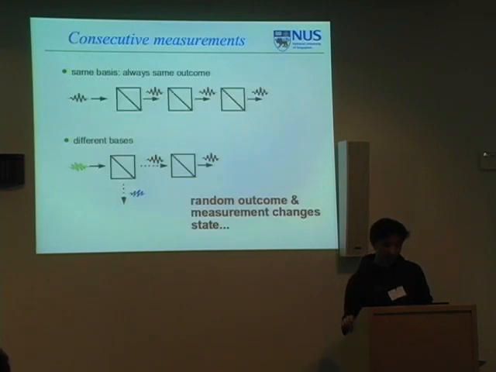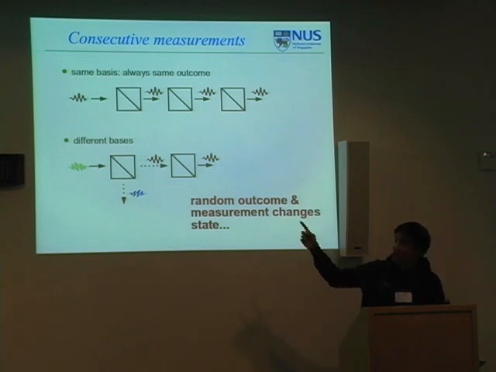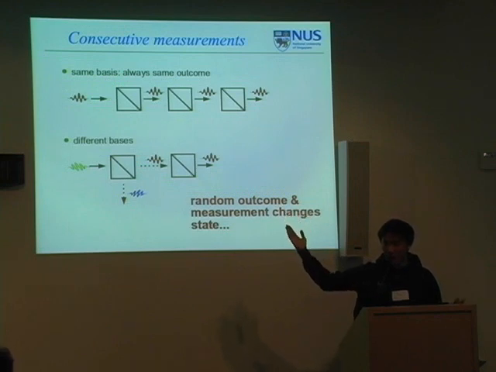Okay? Now, why is this secure? It's secure because when you measure the polarization state of photons in the same basis, you always get the same outcome. So for example, you look at the figure at the top. You have a photon in the vertical polarization state coming in, and it hits the polarizing beam splitter.